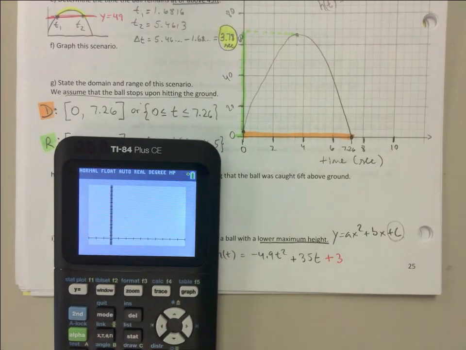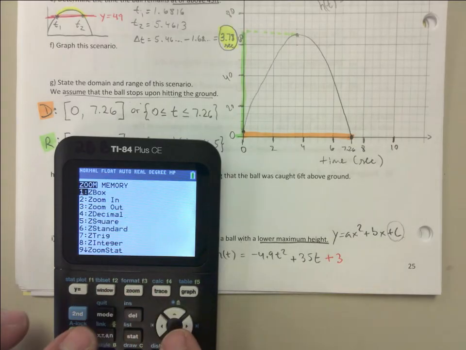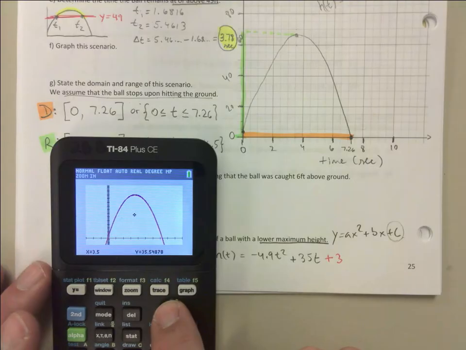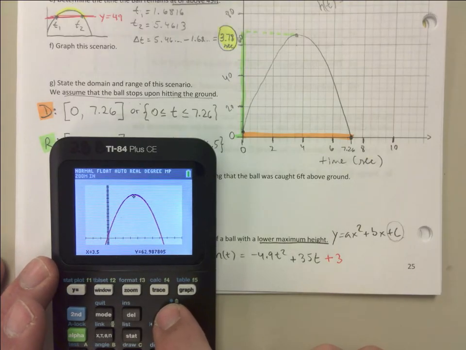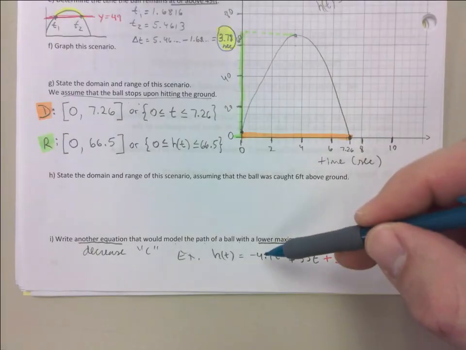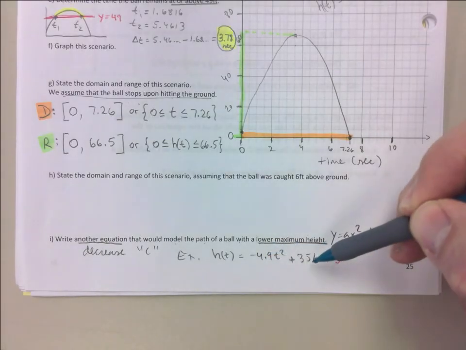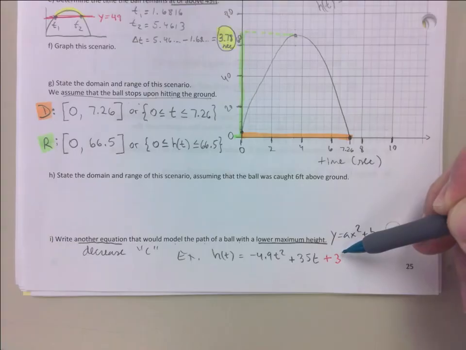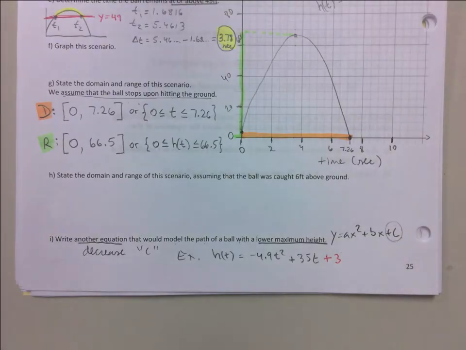And if I hit graph, it's not quite as visible, but if you zoom in, you'll see it. See? Slightly lower than the previous one. So there's other ways of doing it. You can change A or B as well, but to me, this one is the easiest one to do it with. Okay.